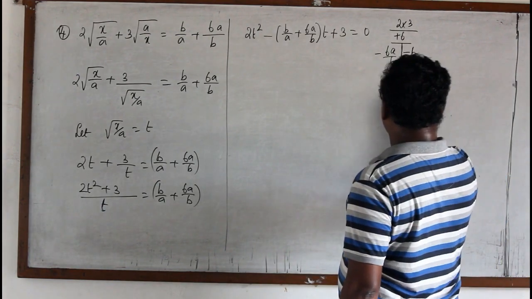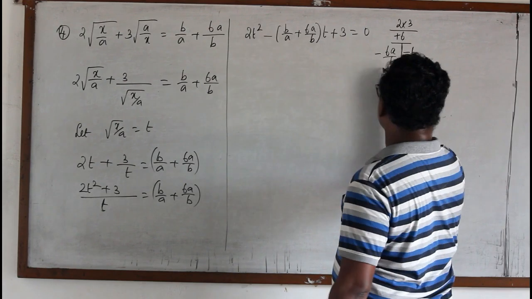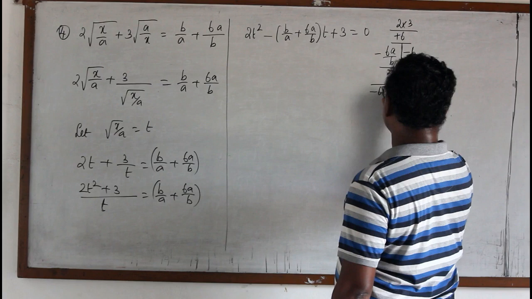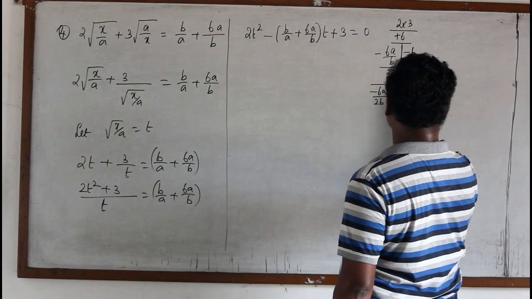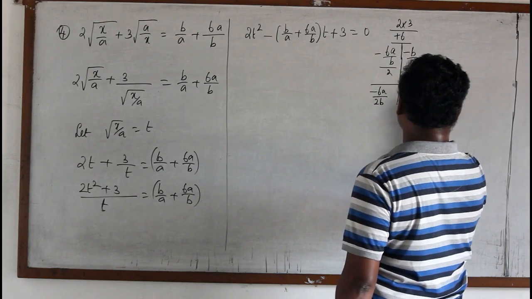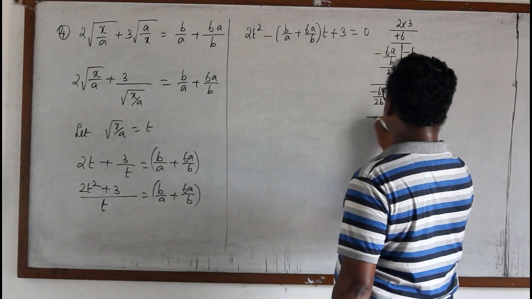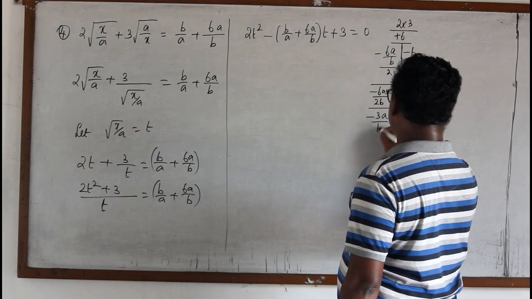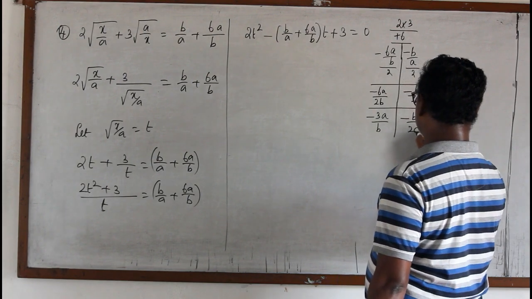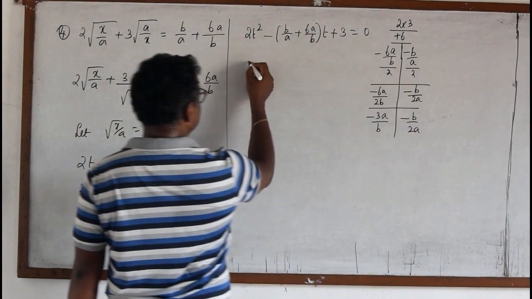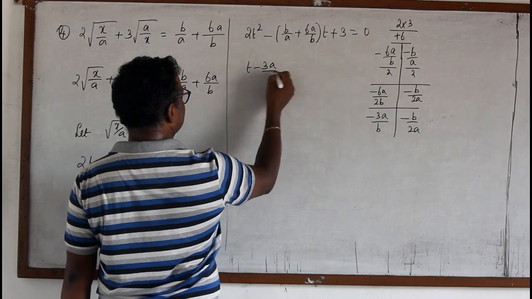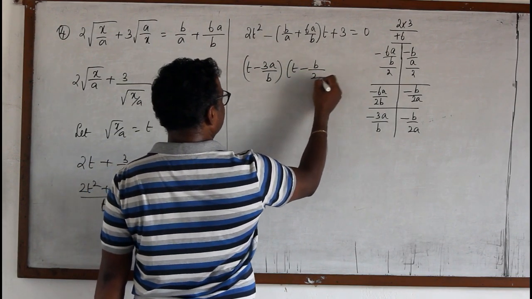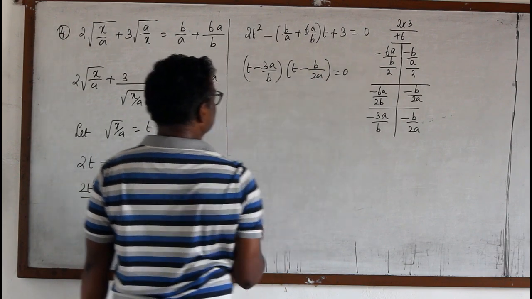So again I have to divide by 2. Then it is minus 6a by 2b, minus b by 2a. It is minus 3a by b, minus b by 2a. So it is (t minus 3a by b) into (t minus b by 2a) equal to 0.